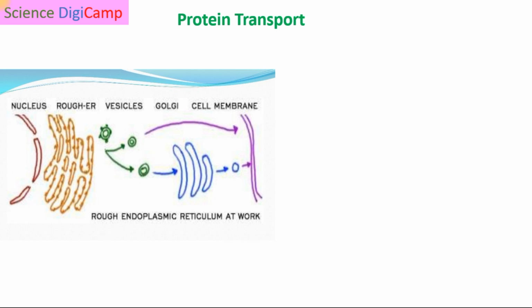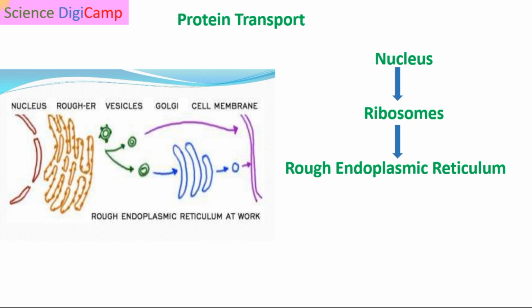For the synthesis of proteins, a signal or order should come from the nucleus. Nucleus sends mRNA, that is messenger RNA, to the ribosomes that are attached on the rough endoplasmic reticulum. Inside the ribosomes, protein synthesis takes place. Then it delivers the proteins directly into the lumen of rough endoplasmic reticulum.